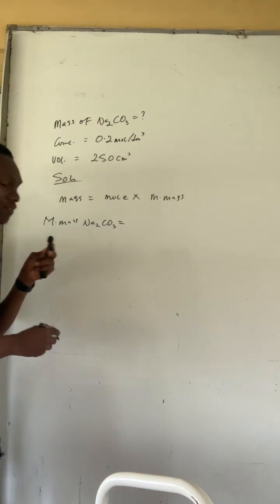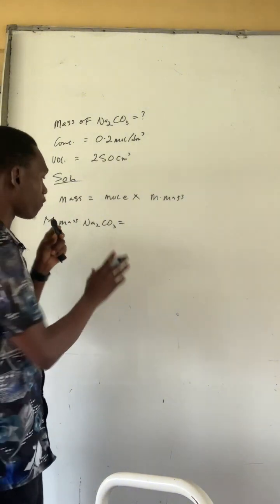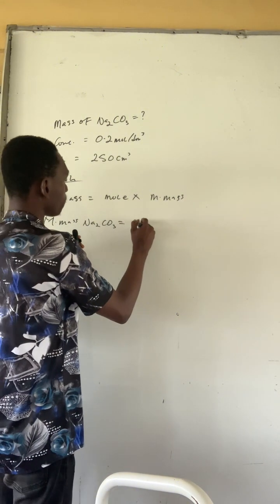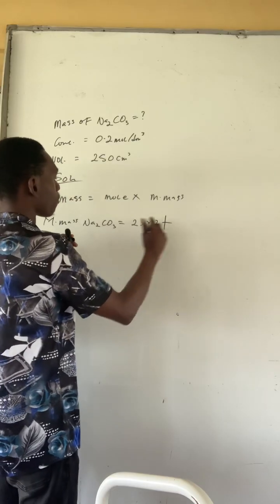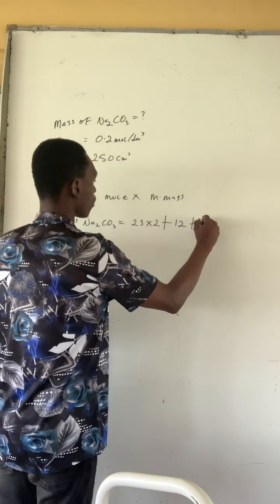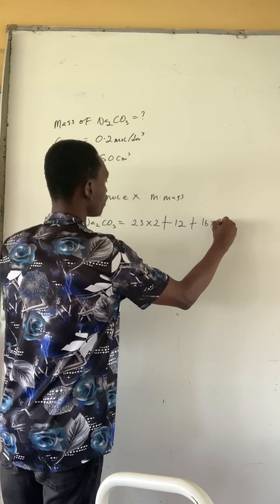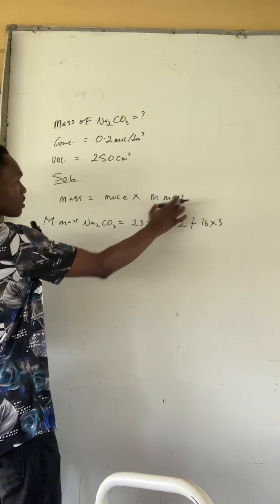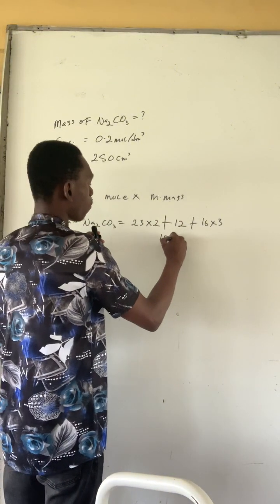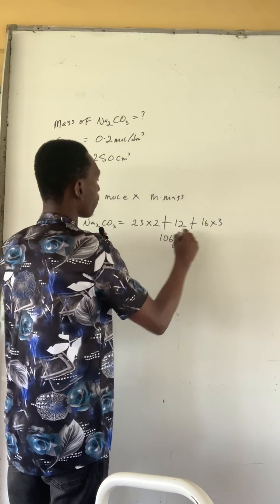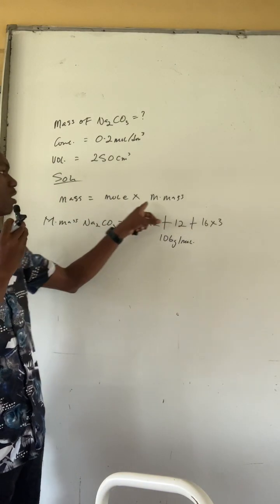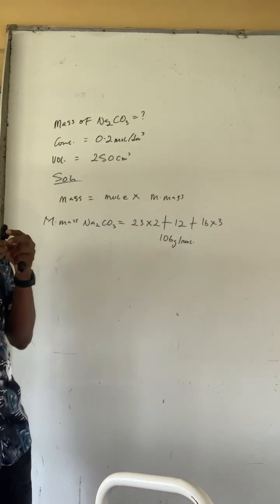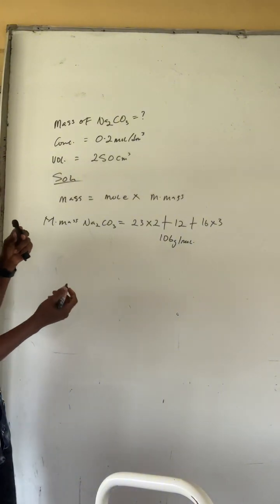Like I said, we are given the atomic masses of sodium to be 23 times 2, plus carbon is 12, plus oxygen is 16 times 3. So the molar mass of sodium carbonate is 106 gram per mole. So mass is equal to mole times 106. But in this case, we are not given the mole. So how do we calculate the mole?